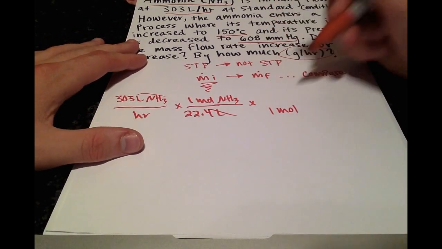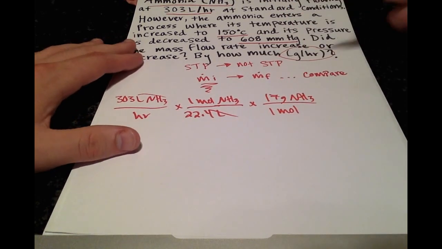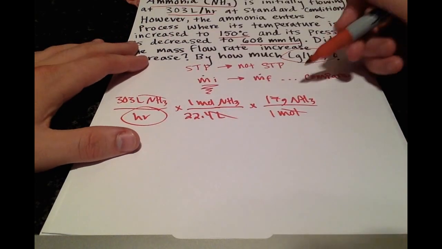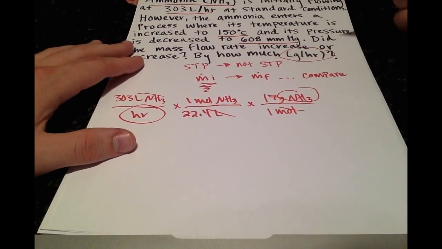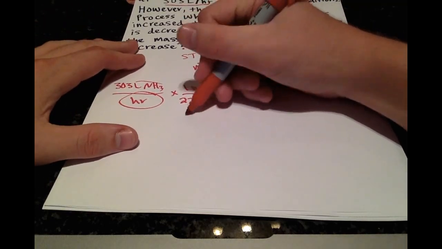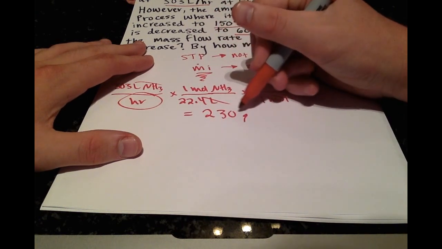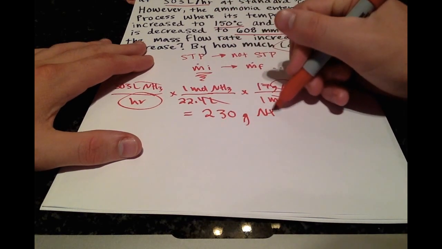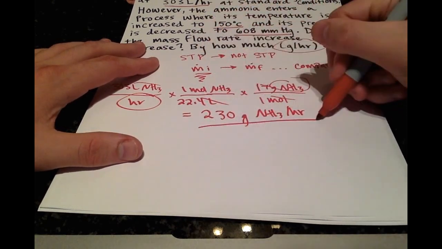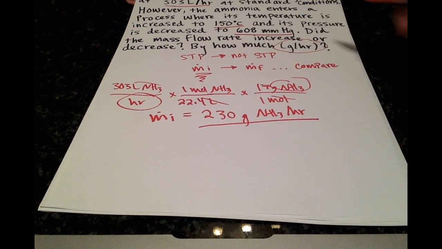For every 1 mole there are 17 grams of NH3. At this point we have our correct units, grams per hour. Multiplying this out, we get 230 grams of NH3 per hour. That is our initial mass flow rate.